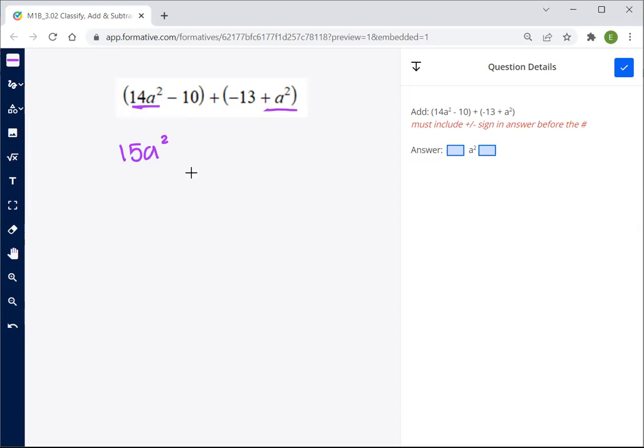And -10, -13 would be -23. So if you put this together, I would say 15a squared minus 23, and it's also in standard form because your a squared should come first.